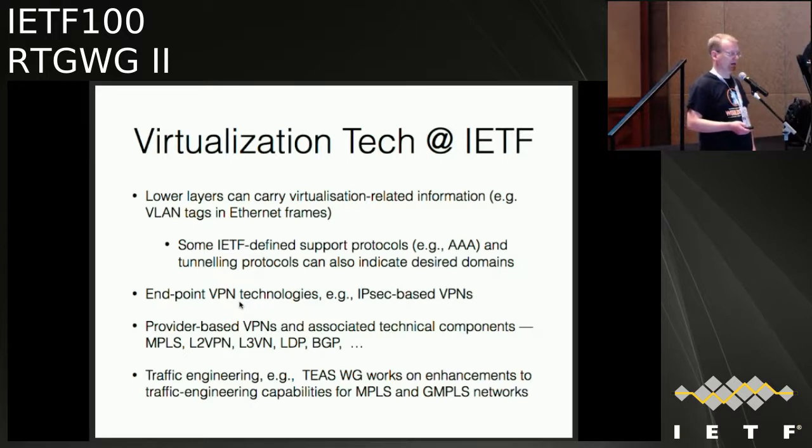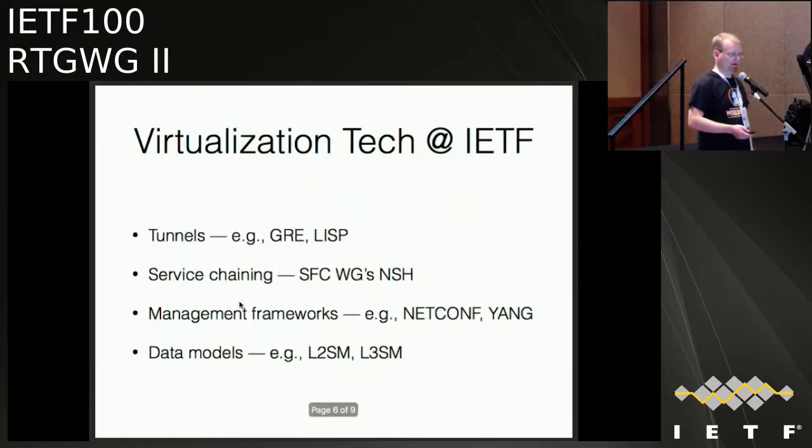We also do a lot of traffic engineering work at the IETF, the PCE working group as an example, enhancing the traffic engineering capabilities in MPLS and MPLS-TP networks. We have tunneling technology, again plenty to list, just a couple of examples. Service chaining is also a component of this overall picture.